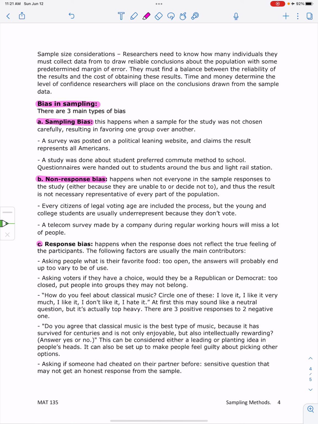Last kind of bias is a response bias. This happens when we do get a response, but we are not convinced that it is a true response. A lot of times, without building a relationship, we may ask a question that somebody is uncomfortable answering.